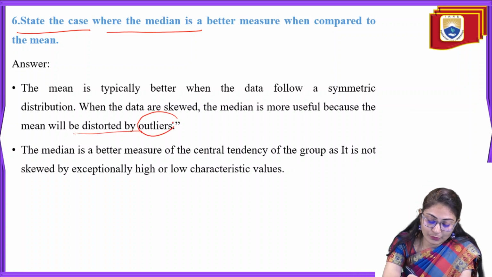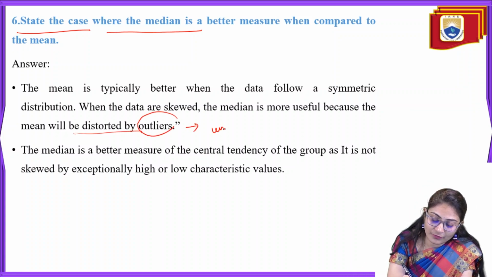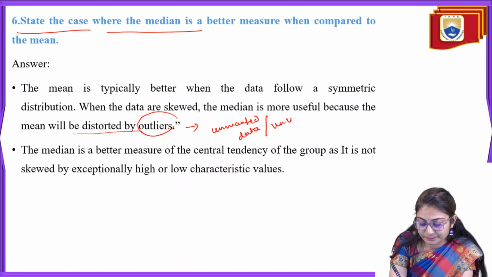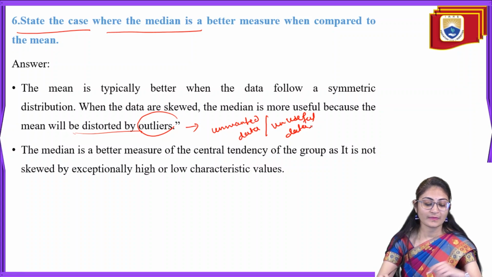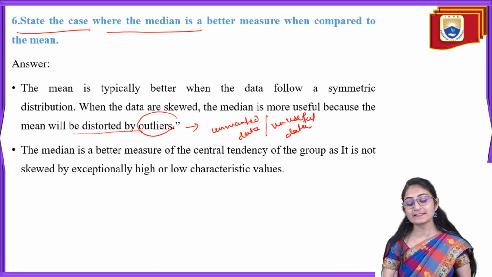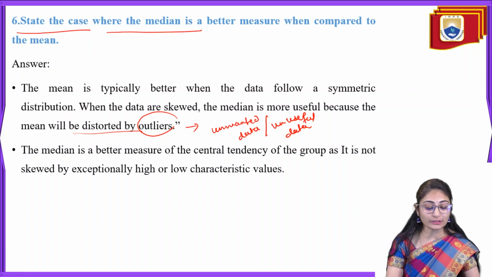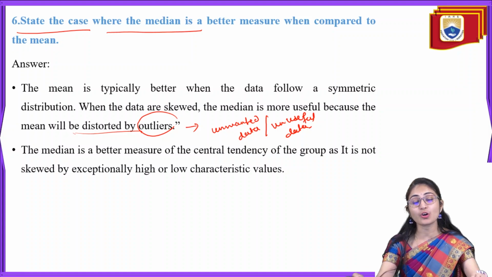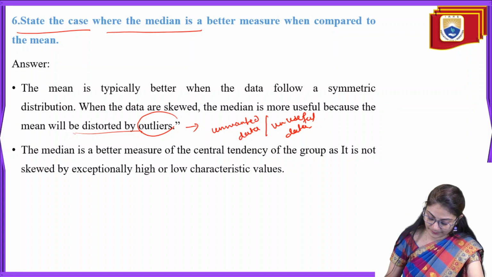And outliers, you know, are unwanted or not useful data. The median is a better measure of the central tendency of the group as it is not skewed by exceptionally high or low values.